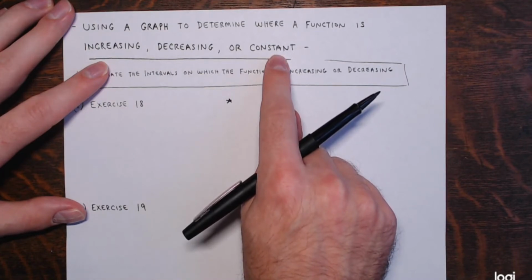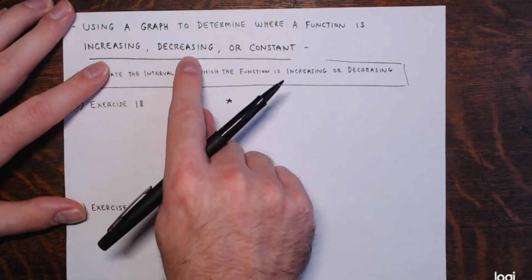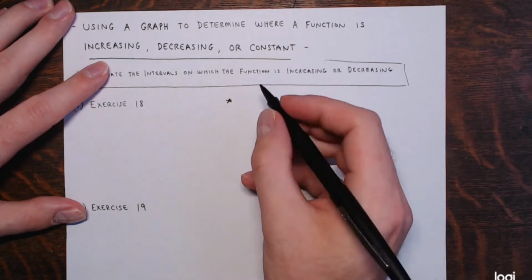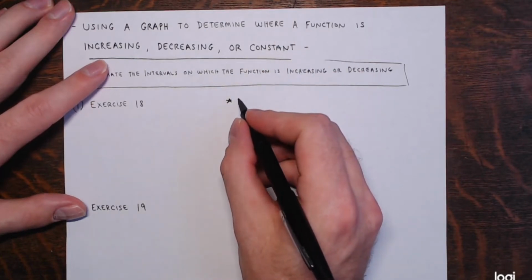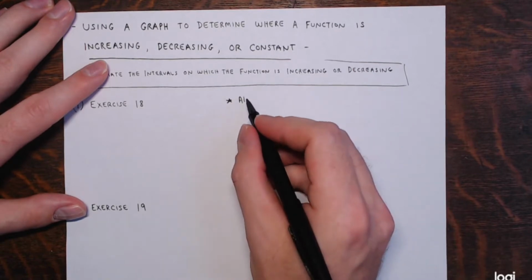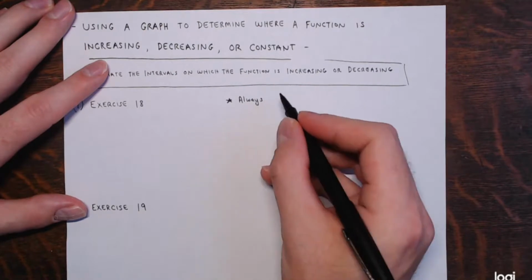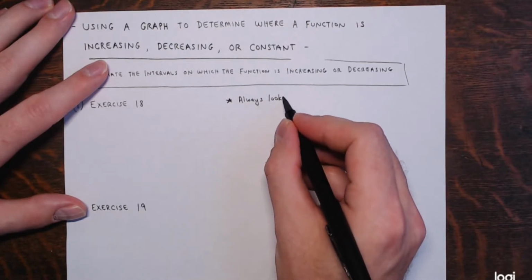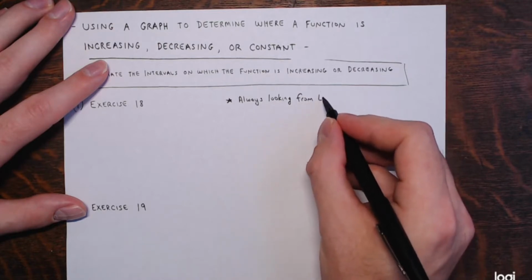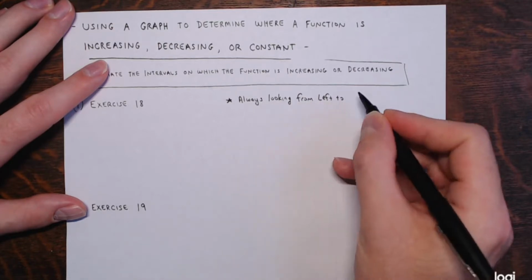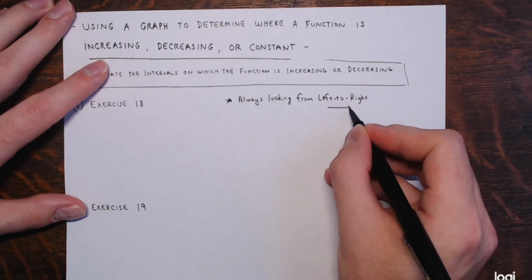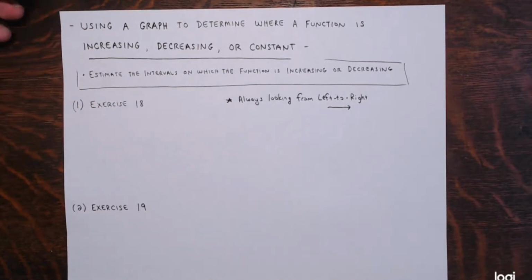Is the output increasing, decreasing, or constant as the input increases? So basically, we're always looking from left to right on the graphs, and see what happens to the outputs of the functions as the inputs increase.